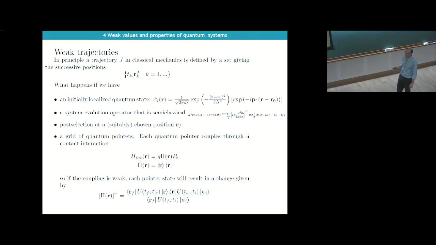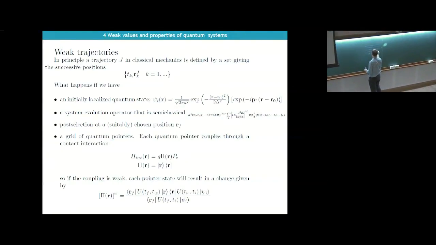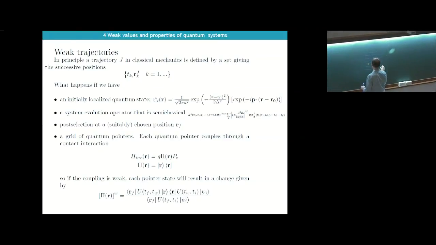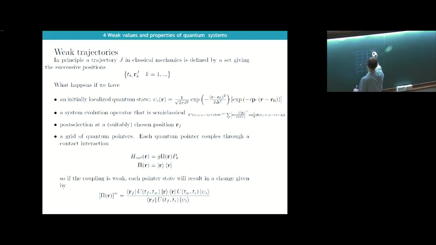We assume that this system is well described, at least for short times, by a semiclassical propagator. I'm just writing the same one. And then what I will do is post-select at some given position. So I start from here, and then I will post-select somewhere, here, for example. And what I can do is just have a grid of weak pointers. So the weak pointers are on the grid.